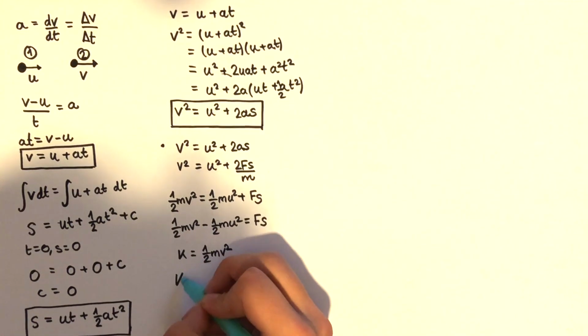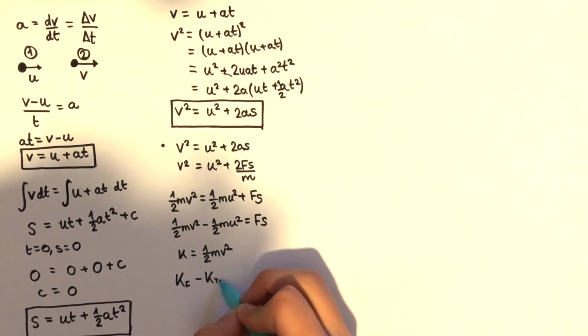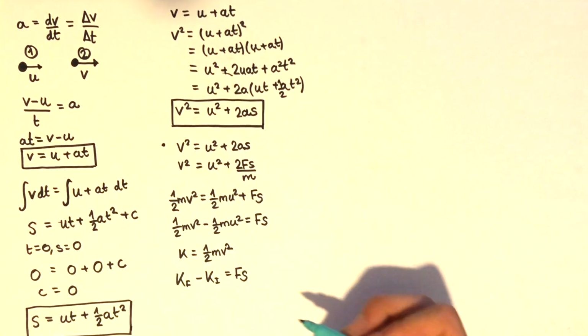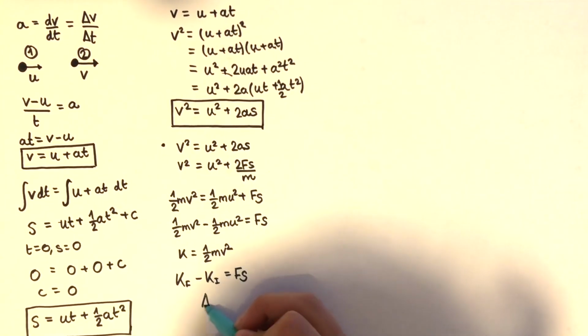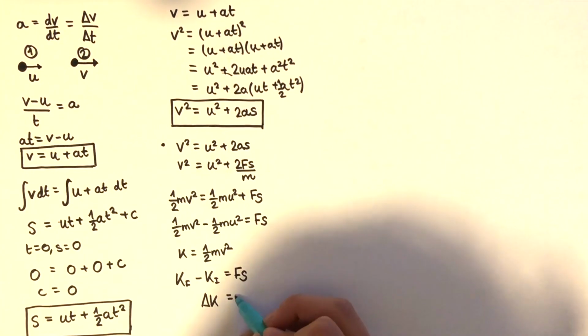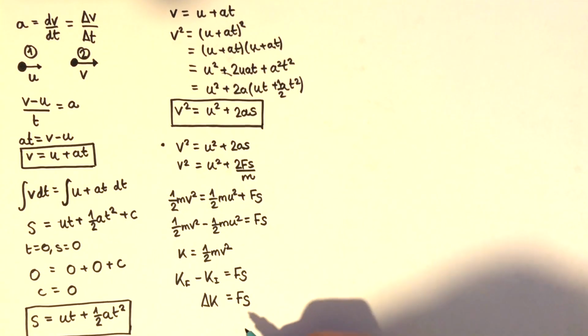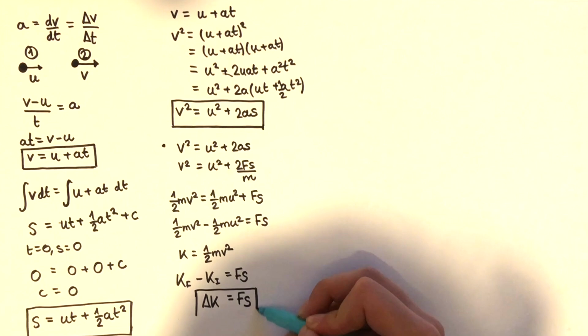So let's substitute that in. K final minus K initial equals Fs. So we've shown that the change in kinetic energy, delta K, is equal to the force times the displacement. And that is what's called the work energy theorem.